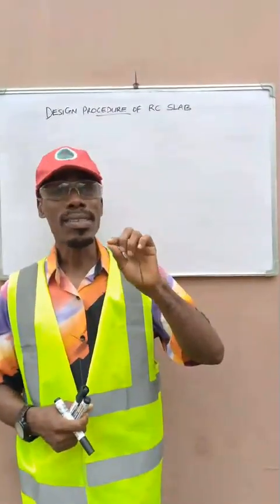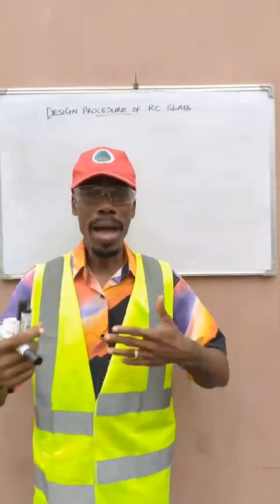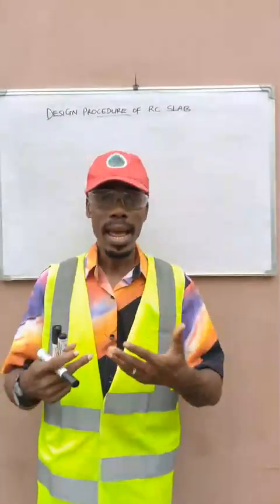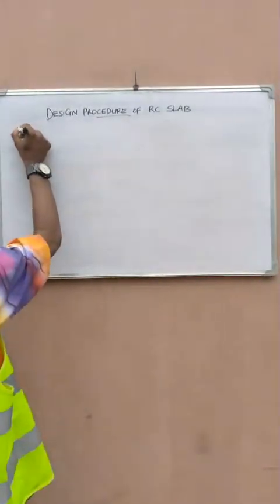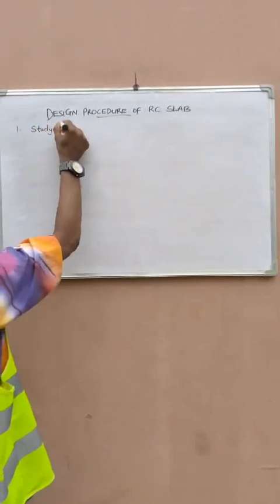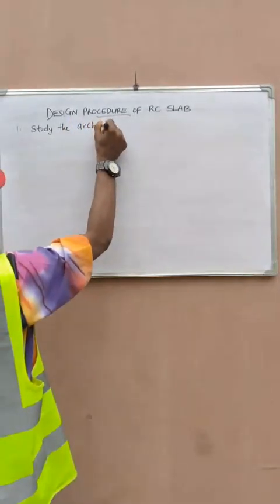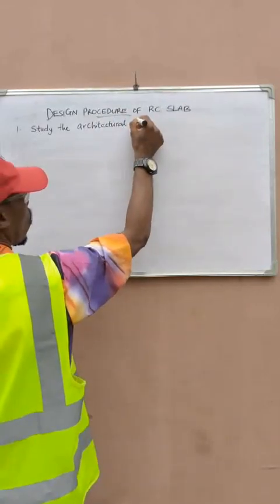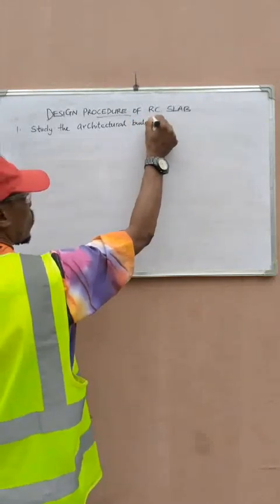Okay, so the slab in this context is usually made up of panels. But let's just look at the procedure on how to design our RC slab. The first thing is you study the architectural floor building plan.